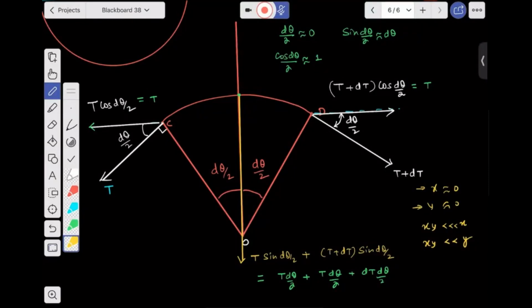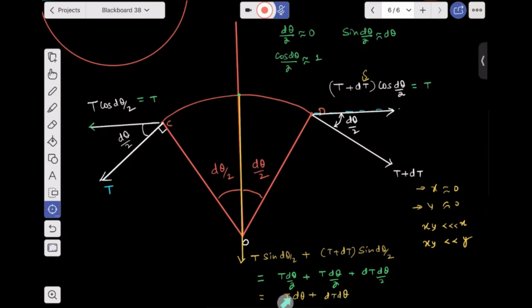So here, with respect to T, dT was very small, so I neglected dT. Here I have T dθ/2 plus T dθ/2, which becomes T dθ, and this is dT into dθ. The first term is itself very small, so neglecting the second term should be fine.